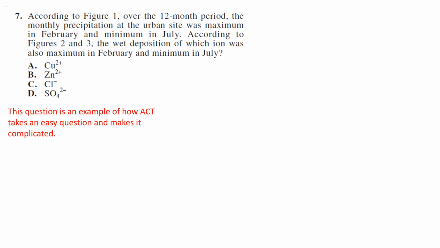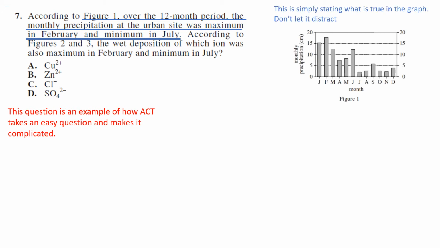Number 7, this question is an example of how ACT takes something that's pretty easy and makes it complicated. According to figure 1, over the 12-month period, the monthly precipitation of the urban site was maximum in February and minimum in July. So look at figure 1, and what you see is true. In February, it's a maximum, and in July, it's the minimum.